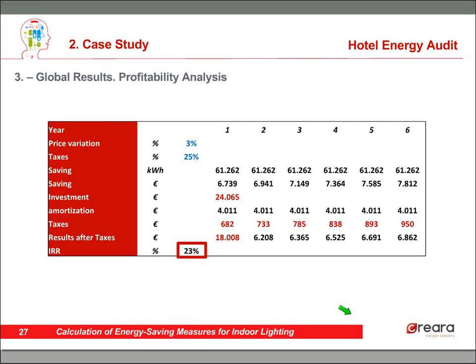So here we are getting an IRR of 23%, so we can consider that this is a really good investment. Here, we are not considering financing costs. This would be only the project. If we consider the financing cost, the IRR maybe is even higher. So we can sell this project just like an interesting investment, like a profitable investment. Okay?